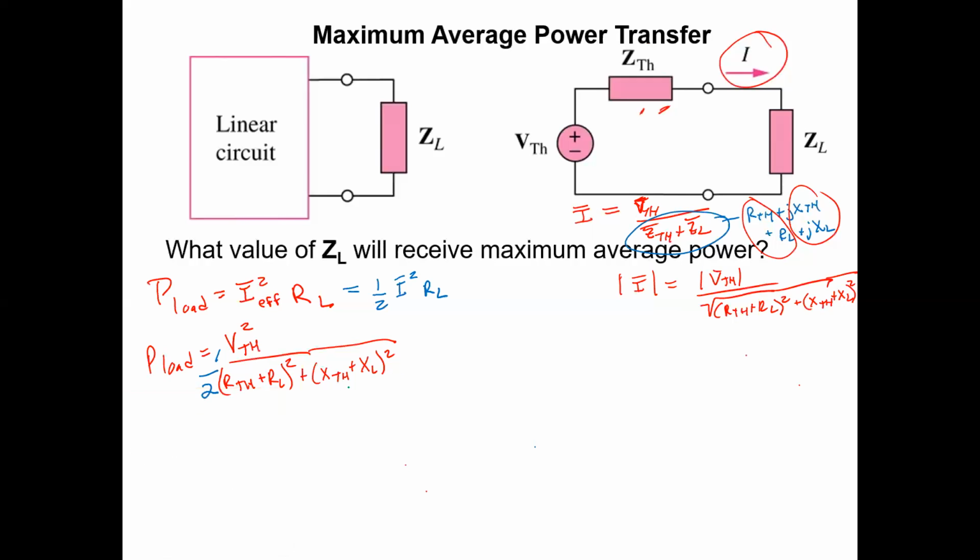In other words, if we set X Thevenin plus XL equal to 0, that would imply that we choose the reactance of the load to be the opposite of the reactance of the Thevenin circuit. That would allow us to just cross out that term right there, giving us more power, and simplifying our analysis considerably.